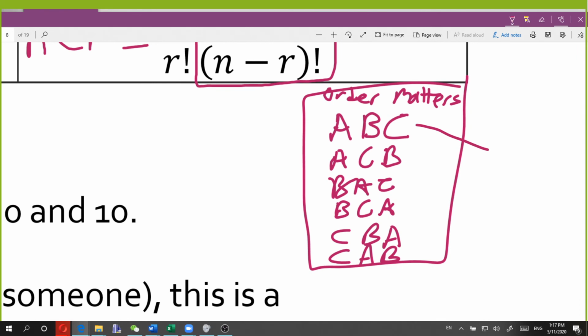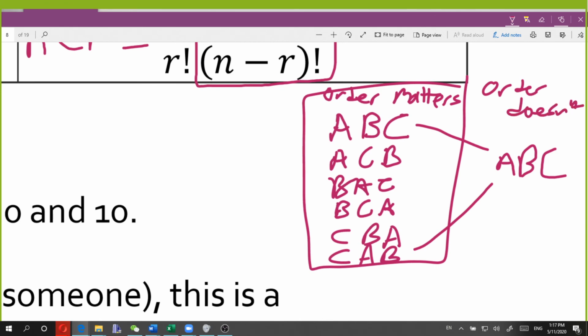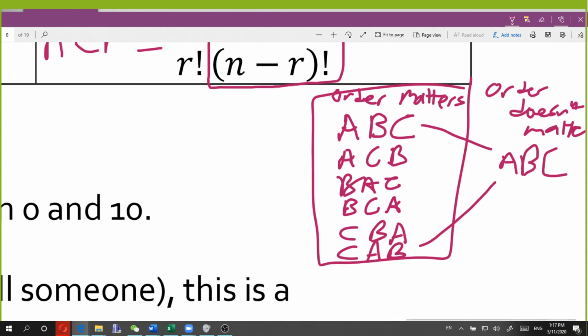So all 6 of these are really one combination of A, B, and C if the order doesn't matter. So where we had 6 options of the permutation, we now only have 1 option for a combination.